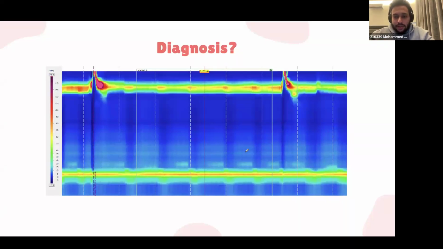What is the diagnosis? Okay, achalasia, okay? Achalasia has three types in terms of manometry findings.